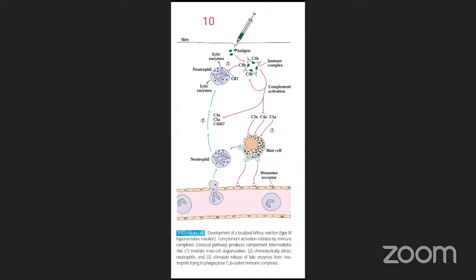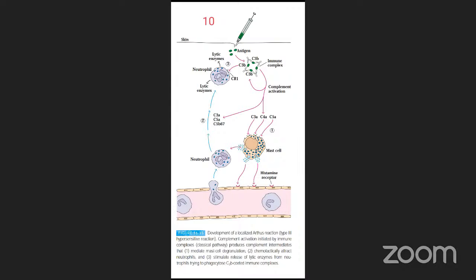On another hand, the immune complex activation, that is C3A, C4A, C5A complement proteins, have binding regions on the mast cells, the receptors for the C3A complement protein, C4A complement protein, and C5A complement protein.